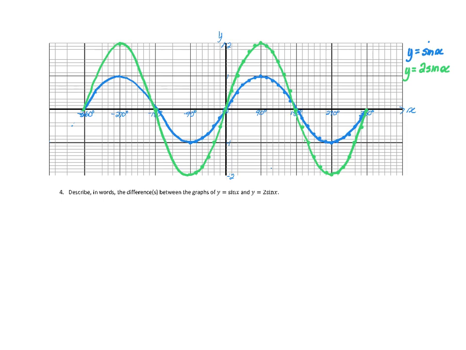You could have said that the minimum value had changed and the maximum value had changed. The mathematically correct term that we need here is that the amplitude has changed, from 1 to 2.